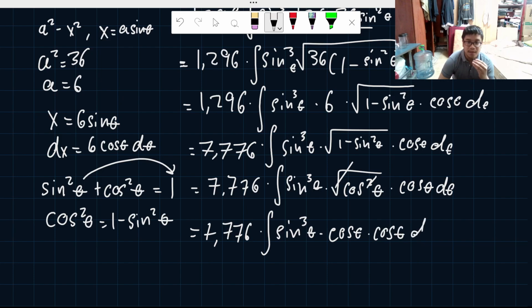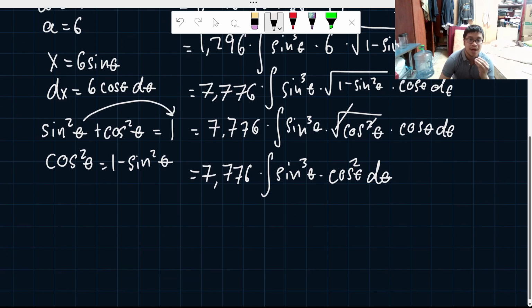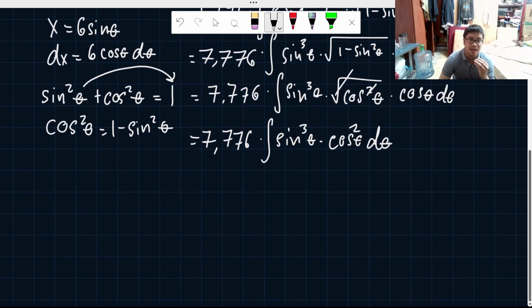We can combine the cosine theta by multiplying, and as a result you will have cosine squared theta. All right, that is our simplified answer for the given integral.